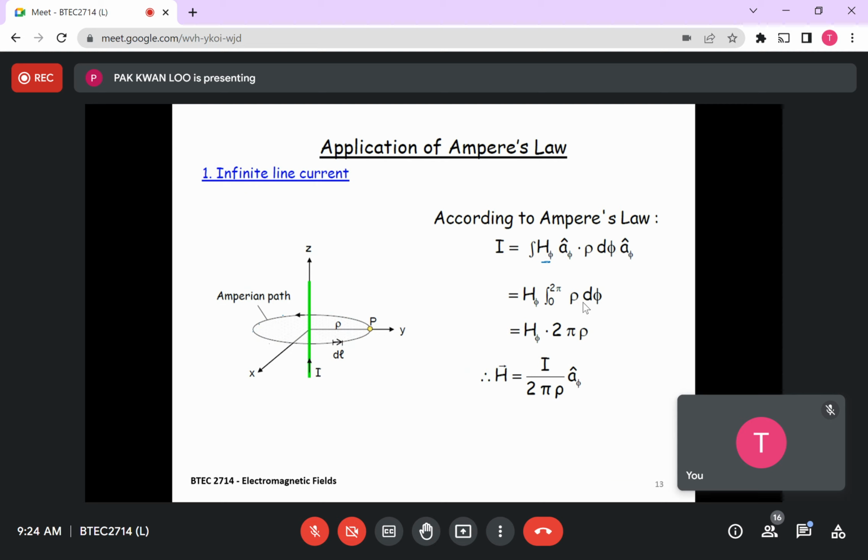So here you see the current enclosed involves the phi component. In cylindrical coordinates, we have radius, phi, and z.